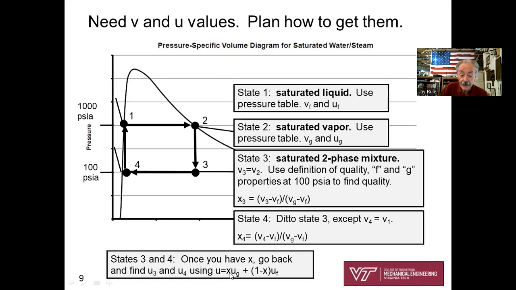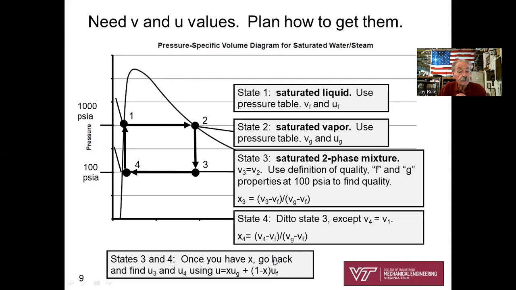U is equal to X UG plus whatever's left over, 1 minus X times U sub F. That's easy for me to remember. You may have a little different approach for remembering how to get U.